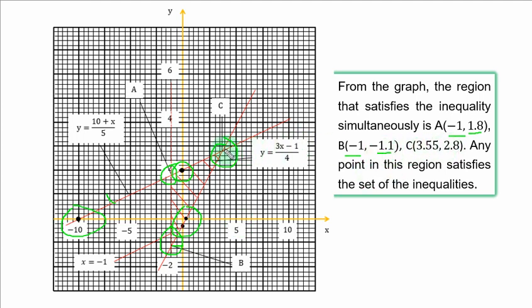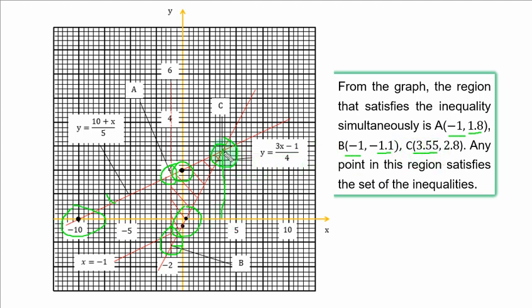Therefore, point C, if you trace this point down to the s-axis, one line is 0.5. So if you trace from here, you have 0.5, 1, 1.5, 2, 2.5, 3.5, 4. So in between 3.5 and 4, we have 3.55.